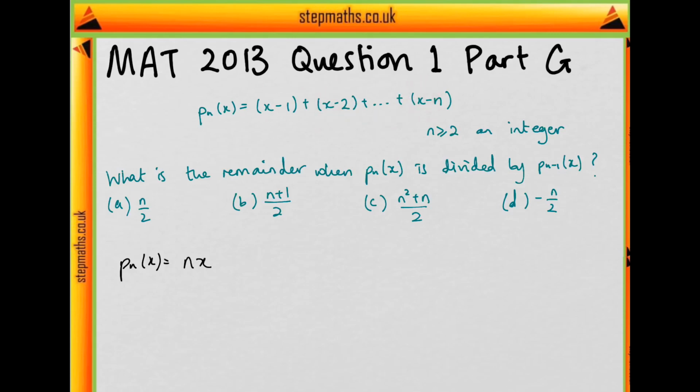So we have nx, and then minus 1 plus 2 plus all the way up to n. And so we see that this is equal to, we know that the sum of the first n integers is n times n plus 1 over 2.